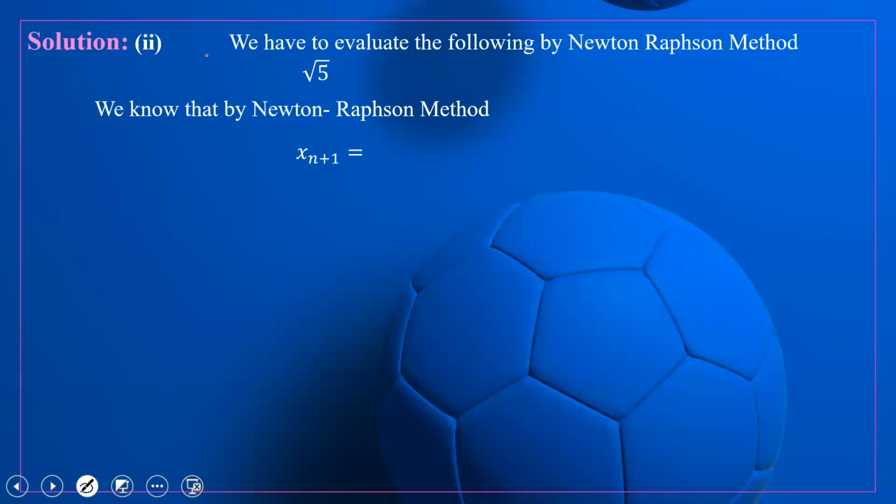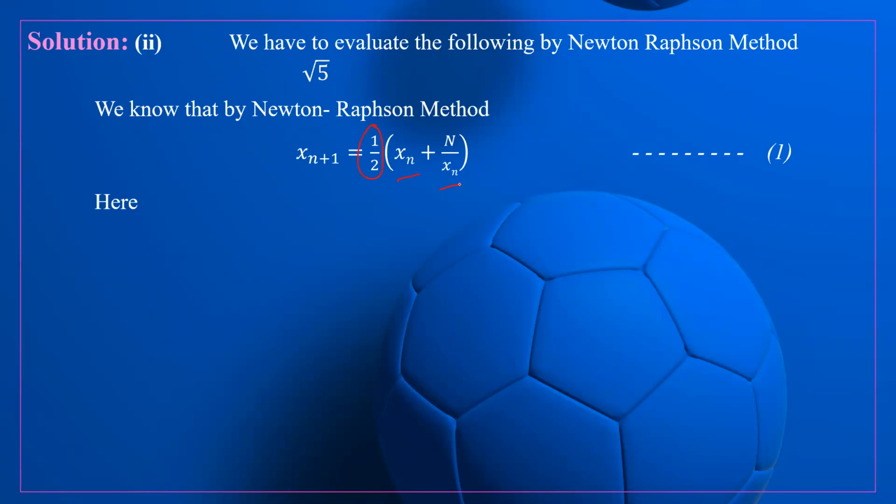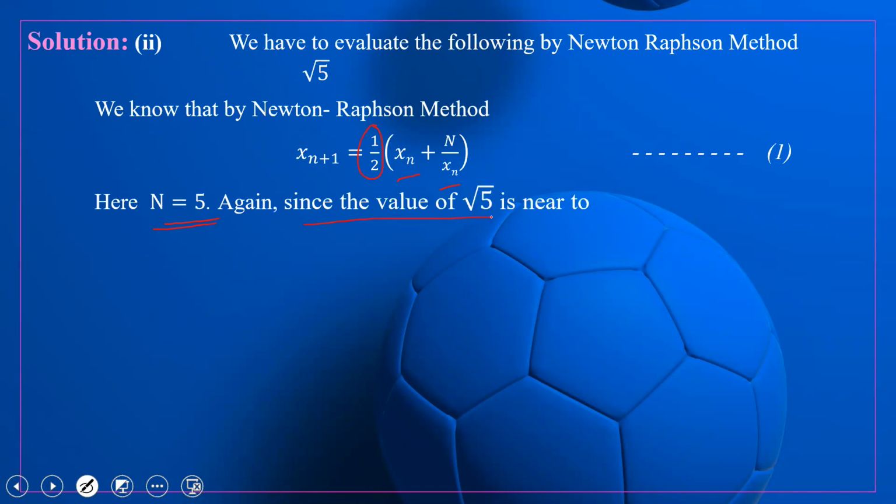Clearly we have the formula. What is the formula for root? x(n+1) is equal to 1 upon 2 times (xn plus n upon xn). Here n is equal to 5. Since root 5 is very near to root 4, and root 4 is equal to 2, let us put x0 is equal to 2.